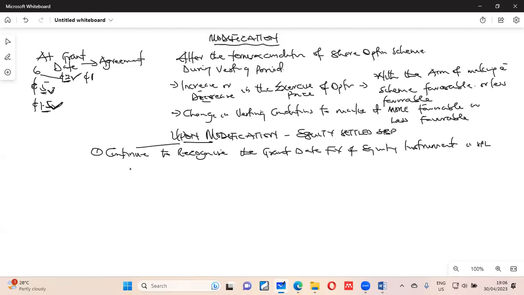Unless the equity instrument does not vest because of failure of the non-market based condition. If the non-market based conditions are not met, no matter what, the shares cannot vest. All right, the options cannot vest. So non-market based condition.